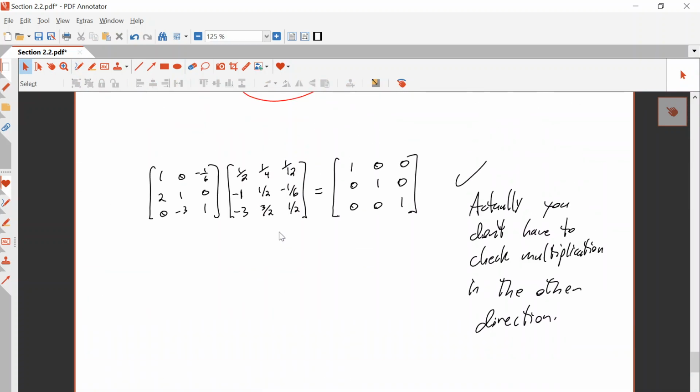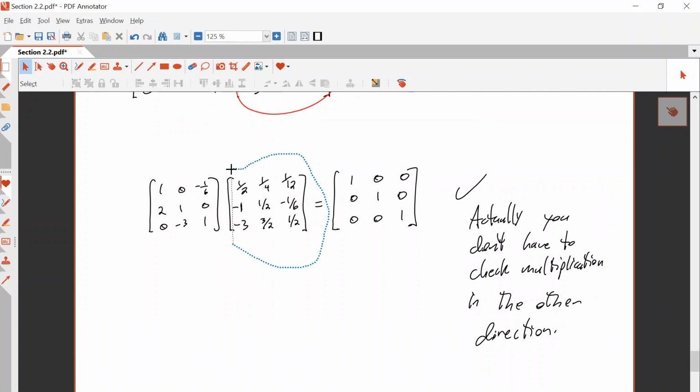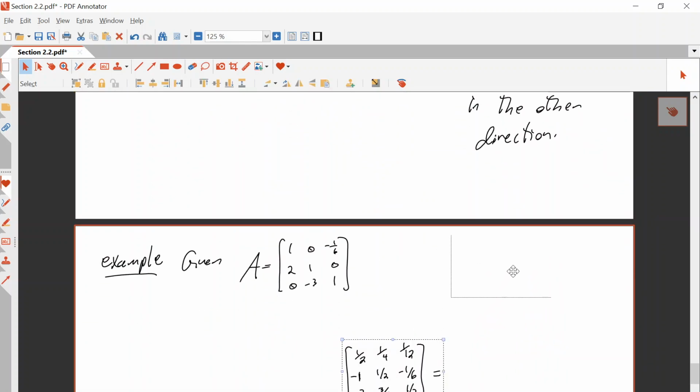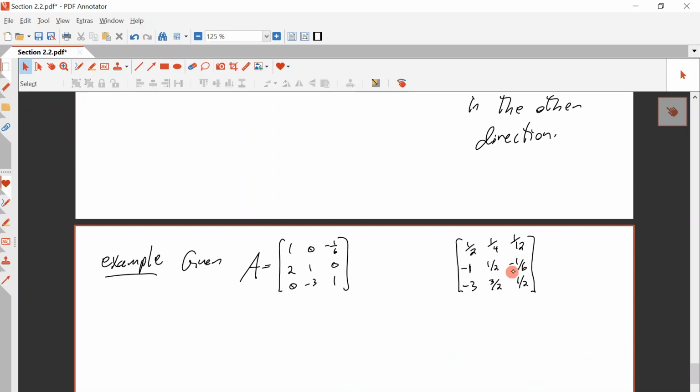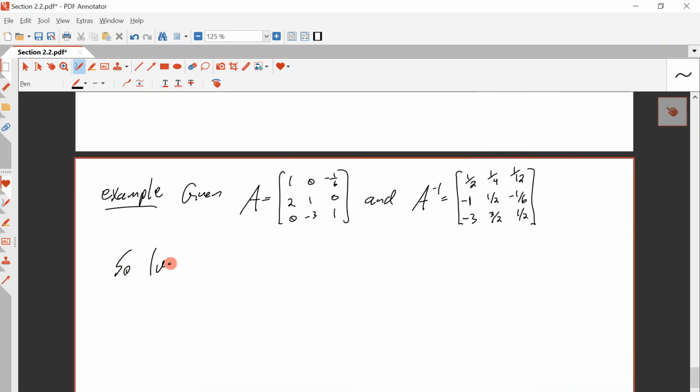Given A equal to this, and A inverse equal to this, solve the matrix equation AX equal to, and let's make something that's going to get rid of all the fractions, 12, -12, 0.